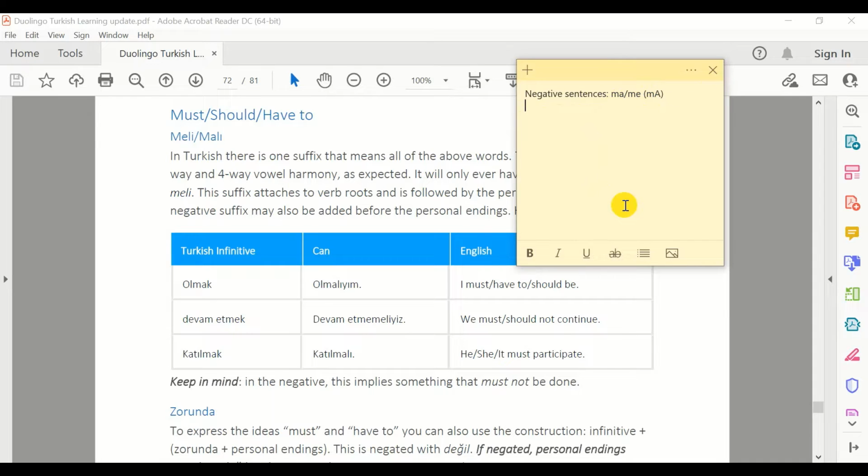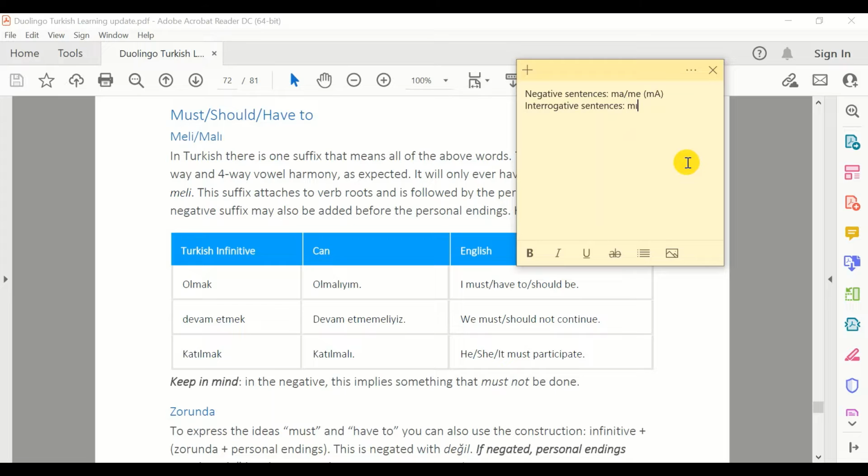With question or interrogative sentences, the structure is similar, or at least it adds a suffix similar to the negative sentence. In negative, you are adding this suffix, and with interrogative sentences, you only add a similar suffix.